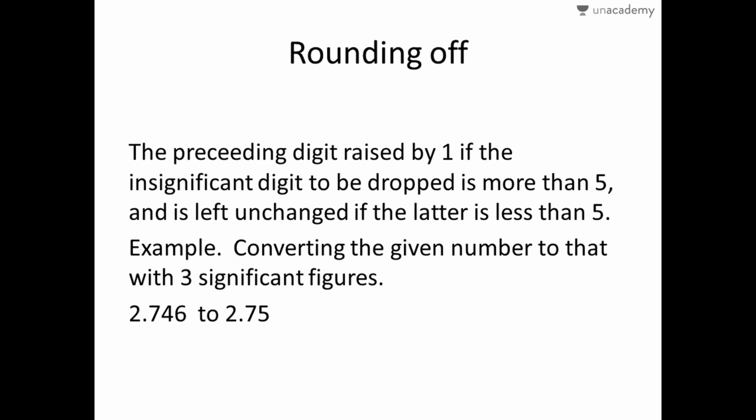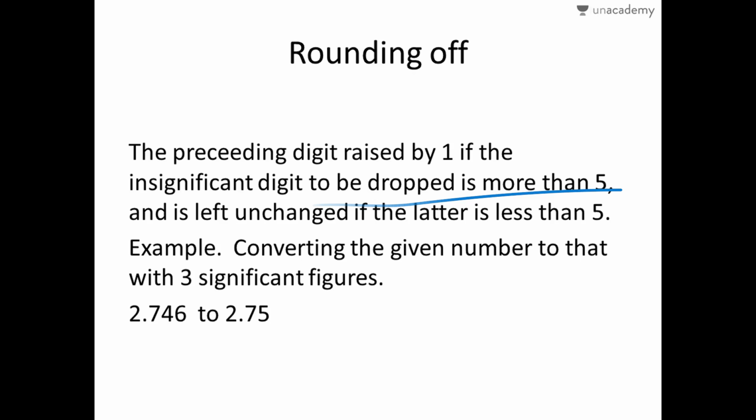Now rounding off. How do we round off a number to a particular number of digits? The preceding digit is raised by 1 if the insignificant digit to be dropped is more than 5. That is, if you have a number which has the last number to be more than 5, then the number which is just before the last number, the penultimate digit, is raised by 1.